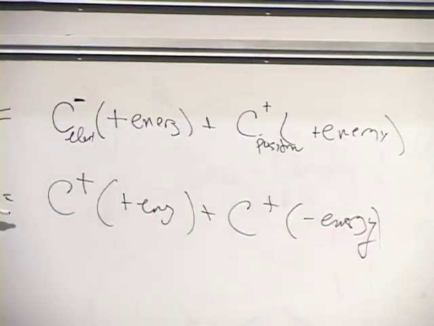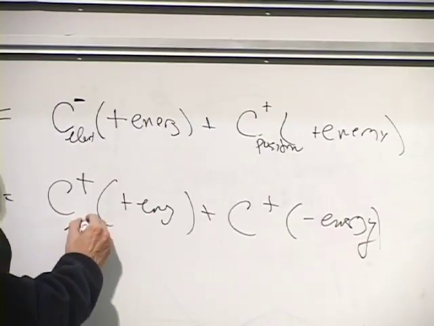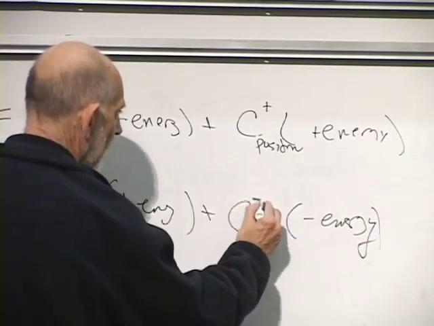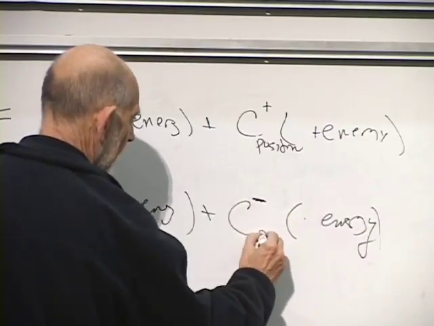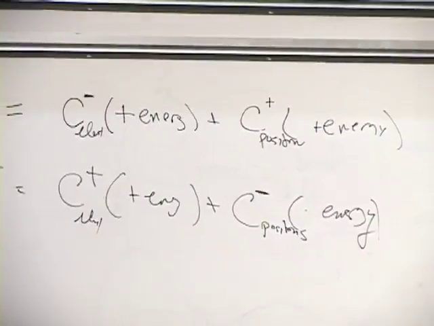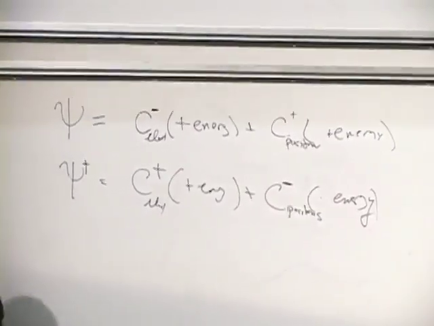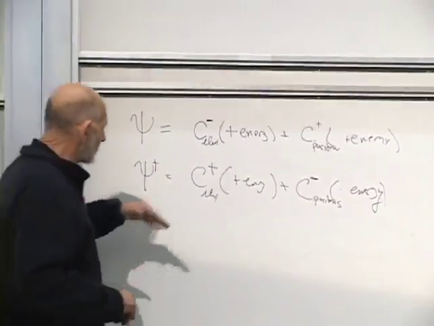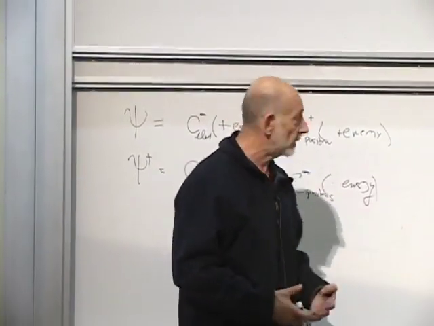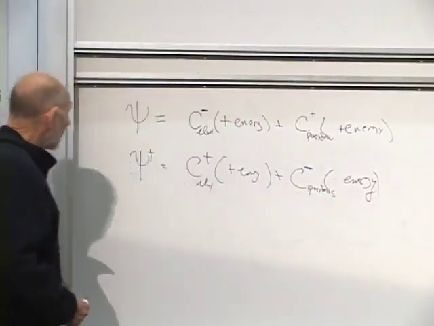Likewise, psi dagger contains creation operators for electrons and annihilation operators for positrons. It's just a switch of terminology, a switch of notation, to represent the fact that a positron is a hole in the negative energy electron sea.